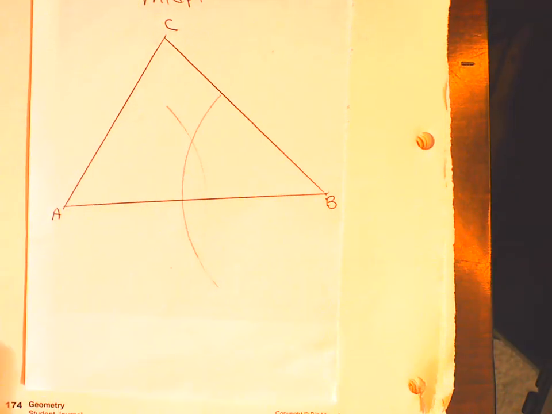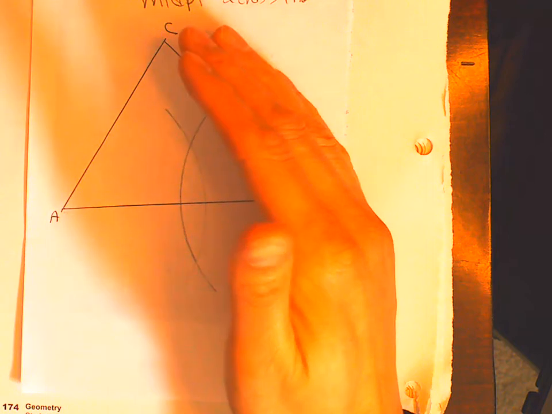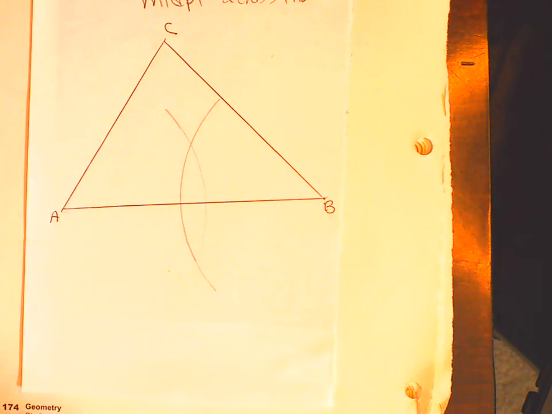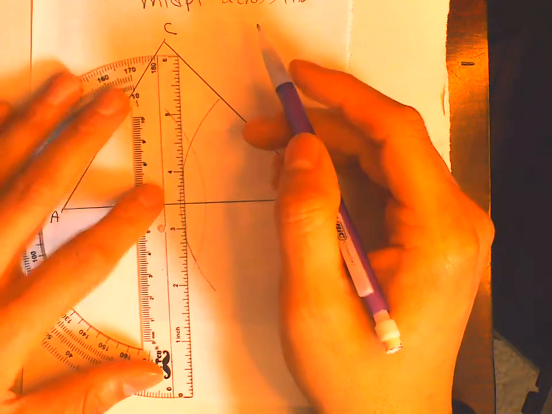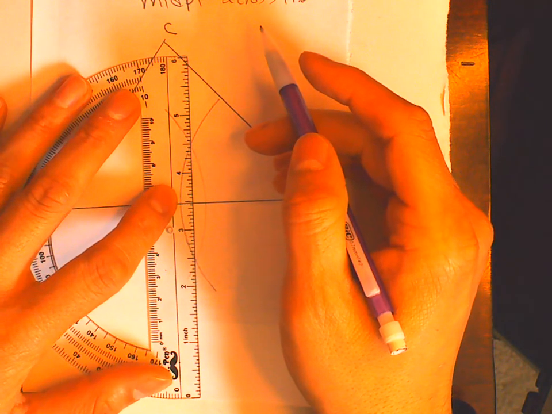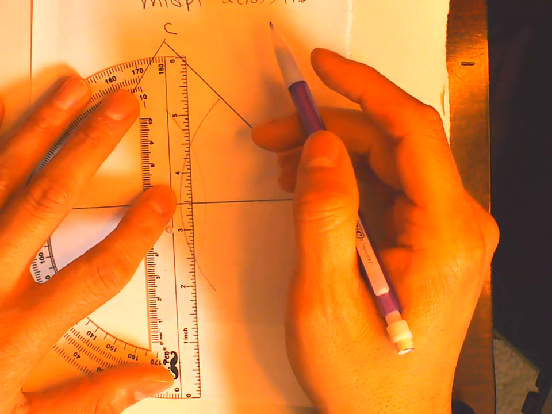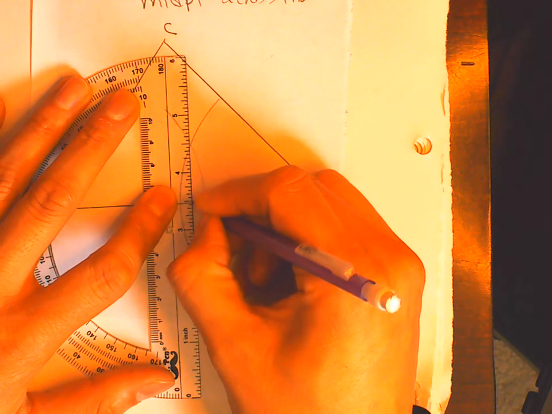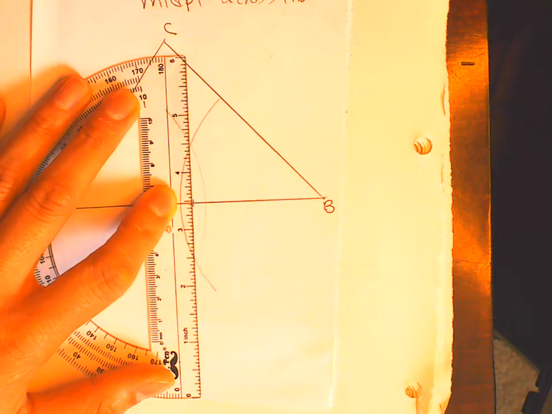Now, normally we would grab a ruler and go straight down to it, but we're not. Try to get the lighting to work a little better. Then you're going to line up your protractor, but you're not going to do the line. All you are doing is marking this point right there.